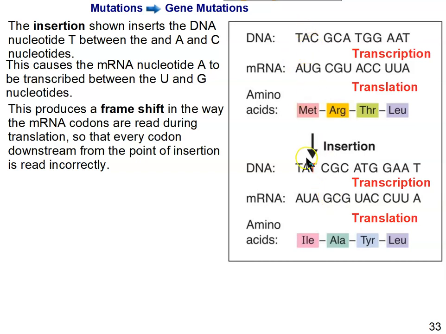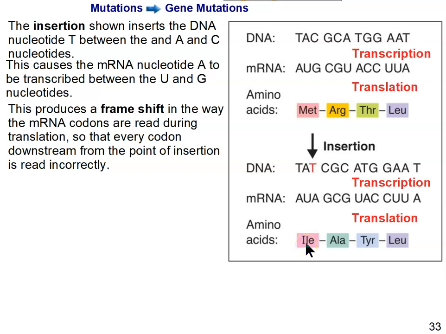Notice, too, that in both this and the example on the previous slide, the very first codon was AUG, which codes for methionine, which is the start codon that all proteins start with. Well, check out what's happening in this scenario with this insertion. The change in that nucleotide where the insertion took place is from AUG to AUA, which changes the methionine to isoleucine.